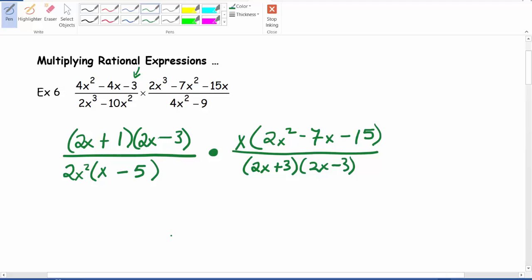Now, unfortunately, we're not completely factored out. This top right item can be broken down further. I just didn't want to do 3 different types of factoring all at once. Maybe lose some people.